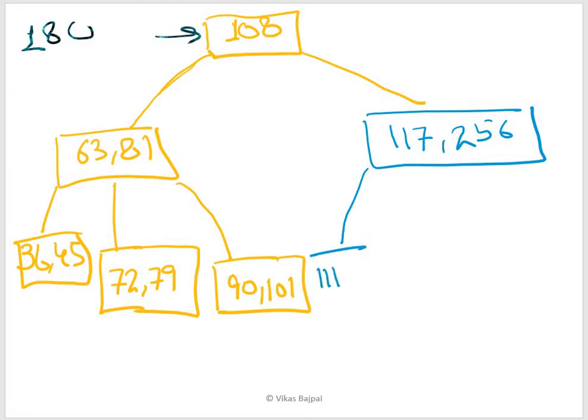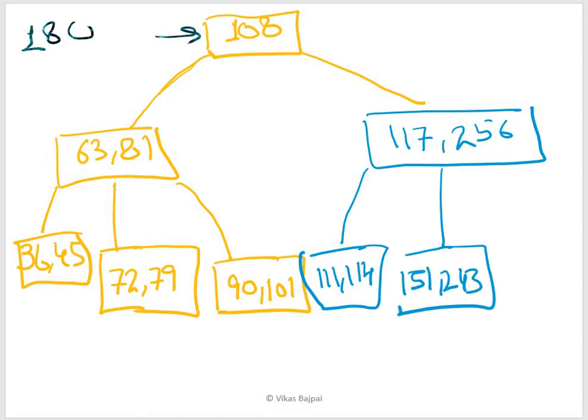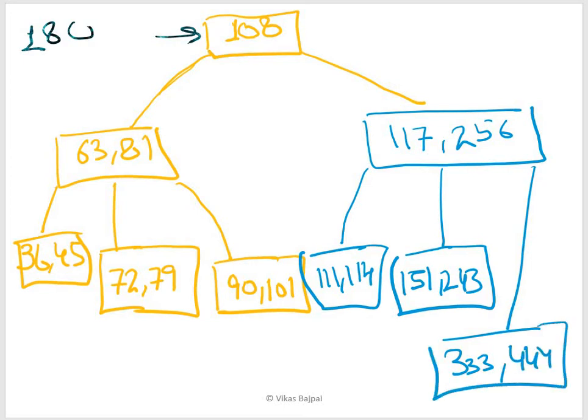I have 111, 114 as it is. Then I have 151 and 243. This 243 came from top because this exchange happened. And then I have 333 and 444 as it is. This is my final tree after deleting 180.